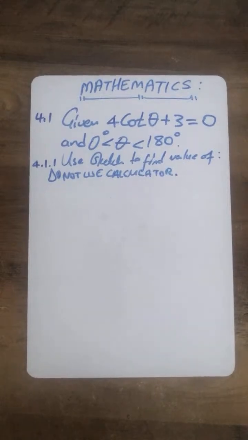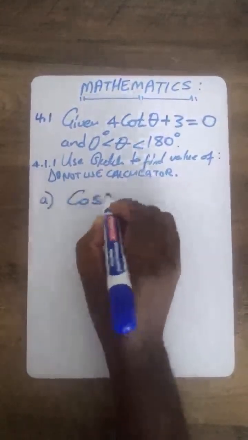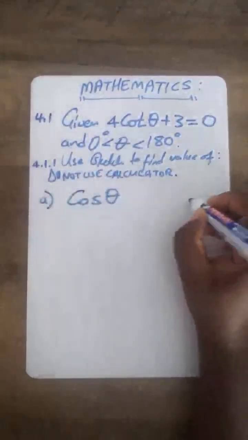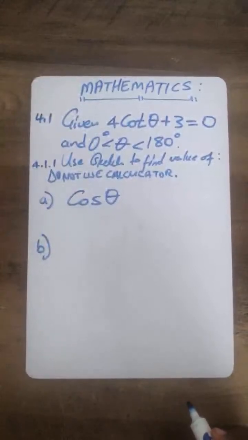So the question now would be, if that's what you are given, 4 cot of an angle plus 3 equated to 0, where theta is between 0 and 180 degrees, use a sketch to find the value of the following. A, they are saying cos of an angle. And this question is allocated 4 marks.